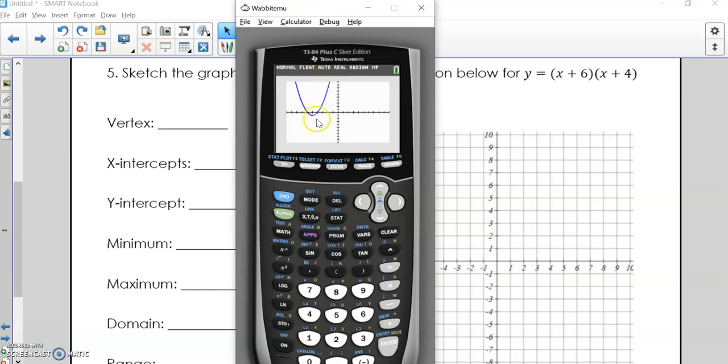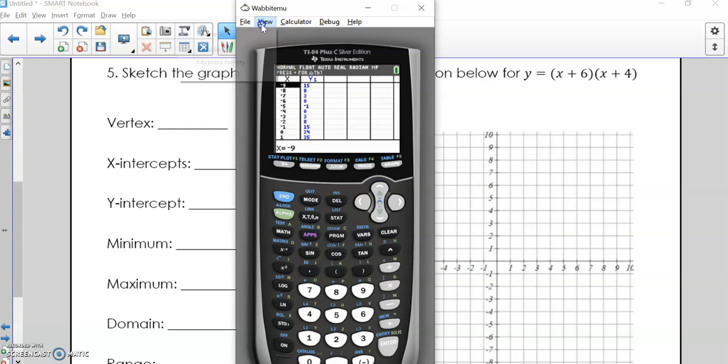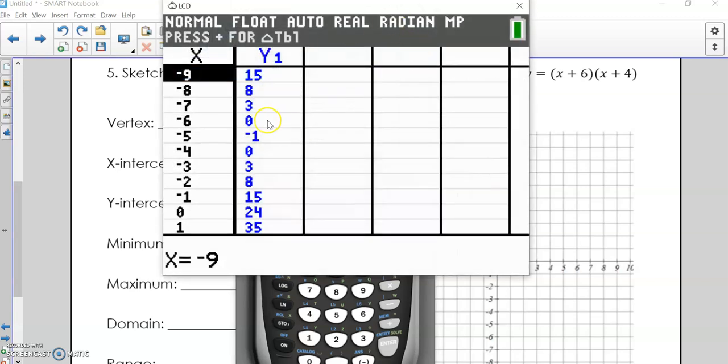So the vertex, you can tell it's this lowest point, but if you're struggling to see it, you can always go to the table and figure out where your lowest y value is. So if you scroll here, and let me pull this up to be bigger. If you look at these numbers, we can see that we go 15, 8, 3, 0, -1, and then we start climbing back up, 0, 3, 8, 15.